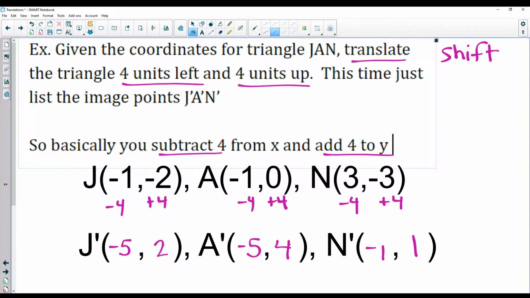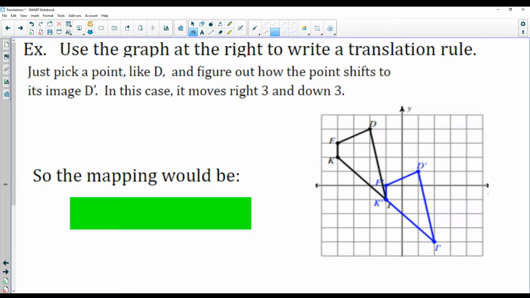All right, one more. Here we go. Use the graph at the right to write a translation rule. So this time, they're telling you how it moves. You're looking at the graph, and you're supposed to write the mapping. What would the rule look like?